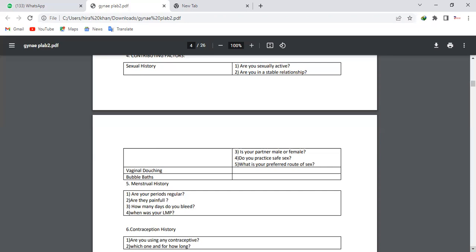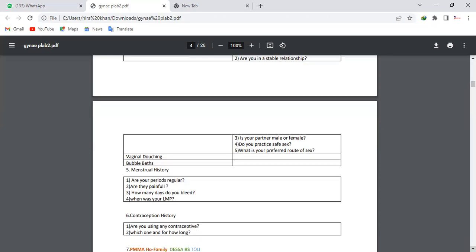So you have to ask these questions, very important, because in your practice the history may reveal that the patient was taking bubble baths, and that's why she developed the symptoms. So what are the contributing factors, people? Sexual history, vaginal douching, and use of bubble bath.